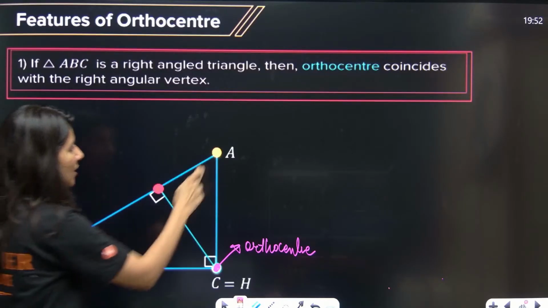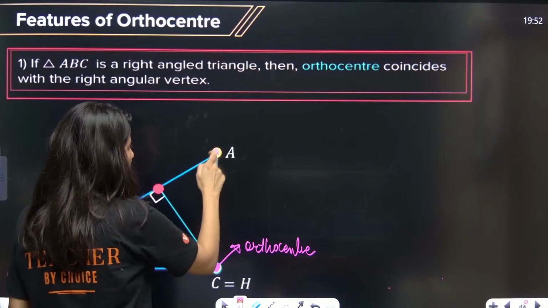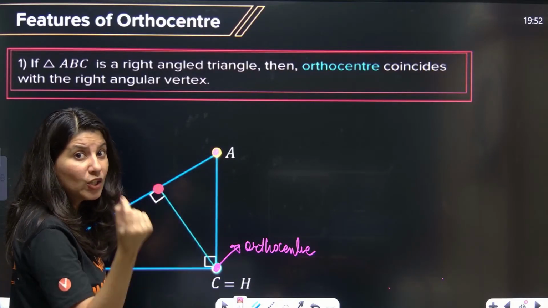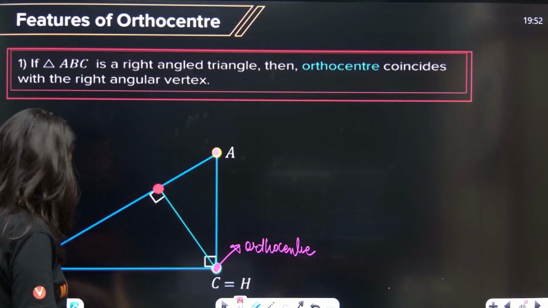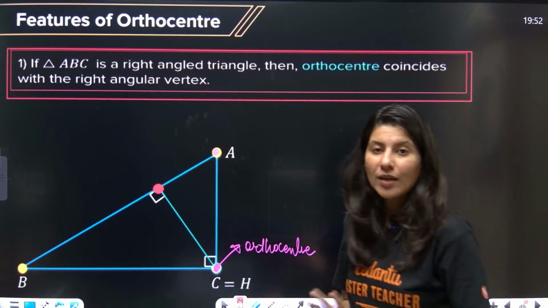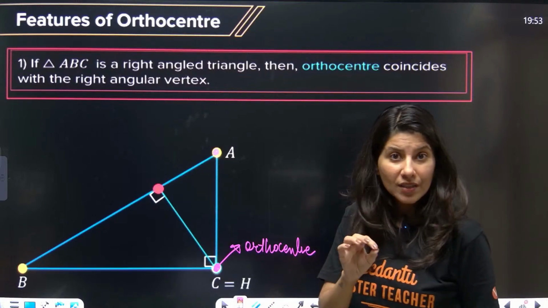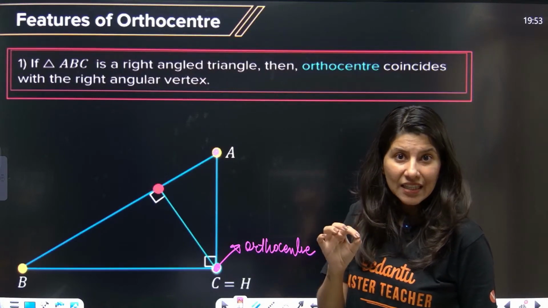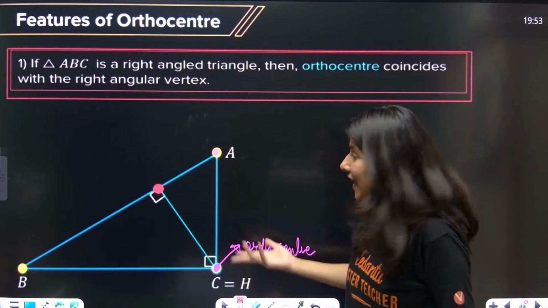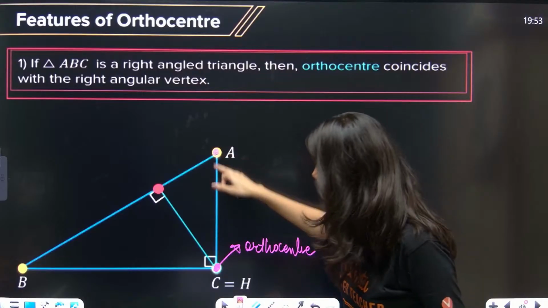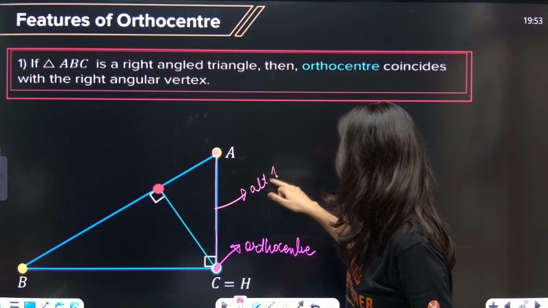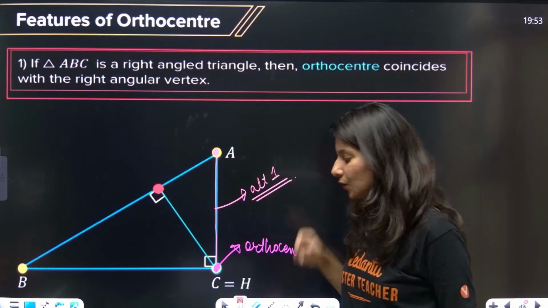Suppose you have A. Now from vertex A, I need to drop a unique perpendicular on the base BC. There will be exactly one perpendicular. Surprisingly, that perpendicular from A on BC is none other than side AC. This is your altitude number 1.